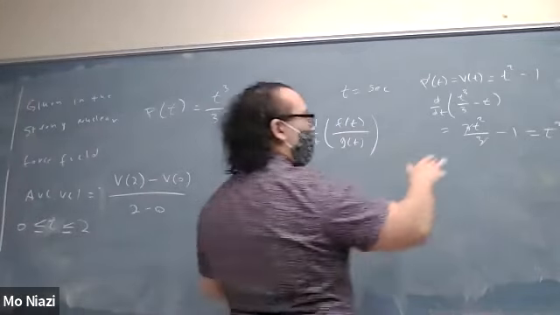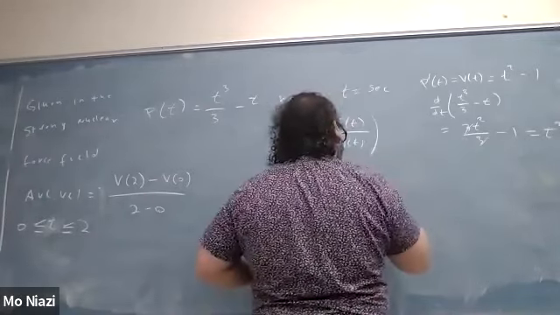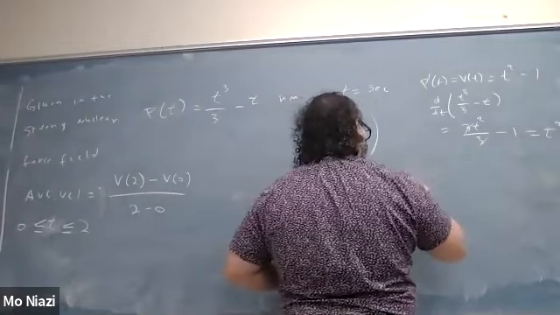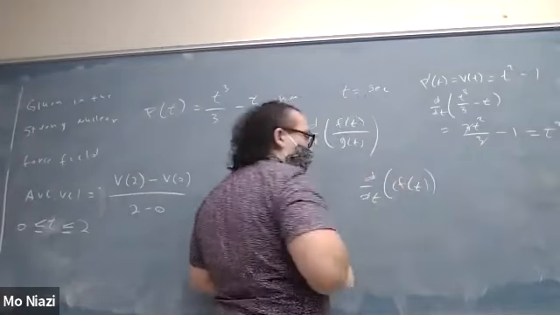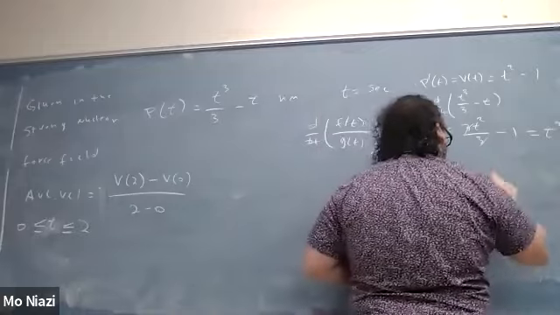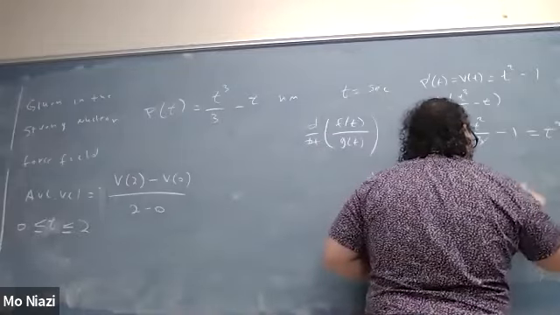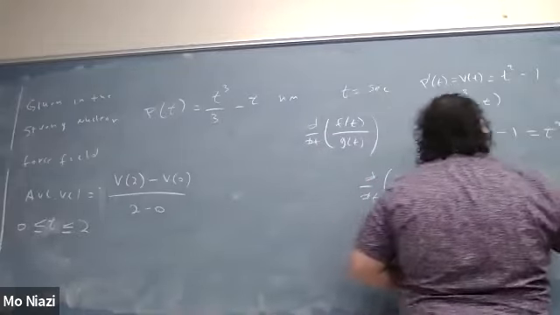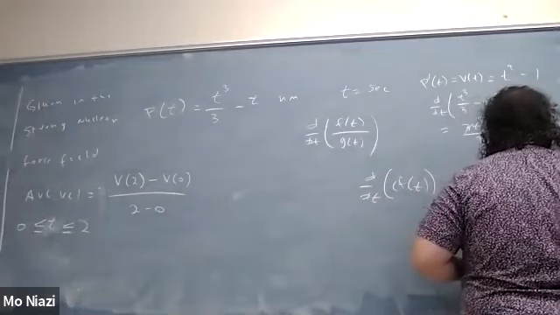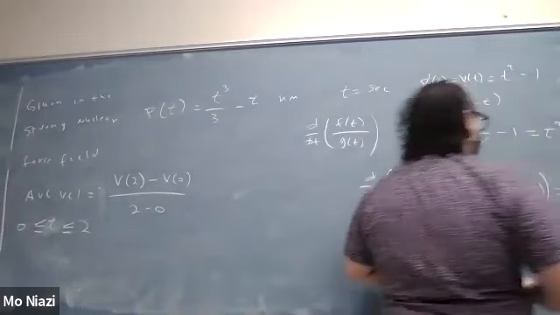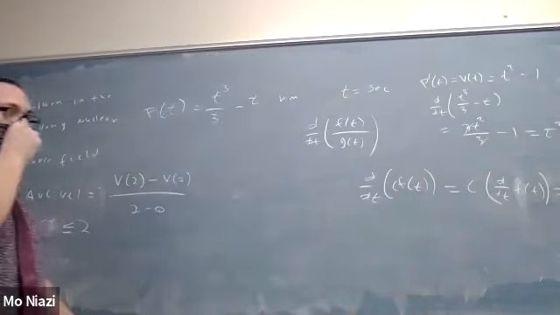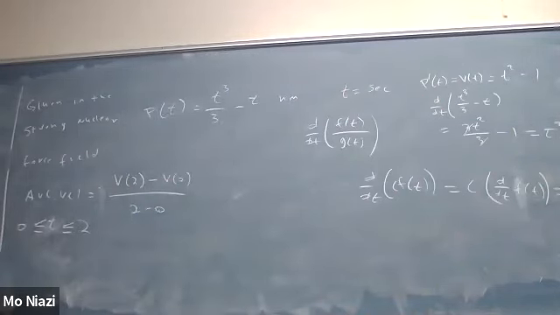So really, in this case, we're taking d dt of some c f of t, where c is a constant, and the derivative ignores constants. The derivative just ignores a constant. That constant just comes along for the ride. It differentiates the function, but it doesn't touch the constant.